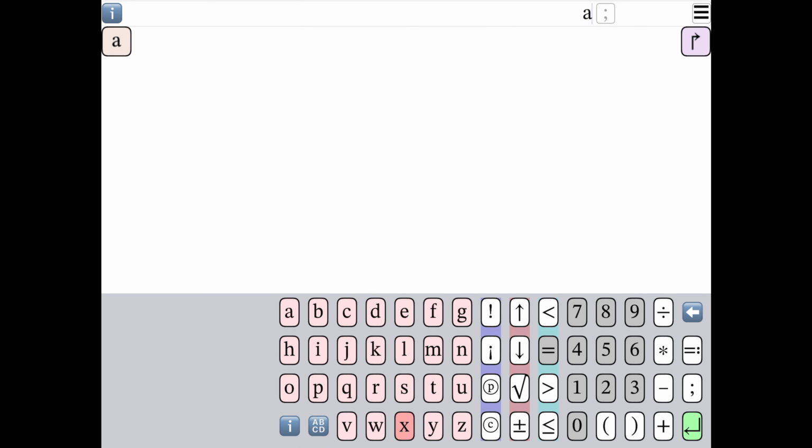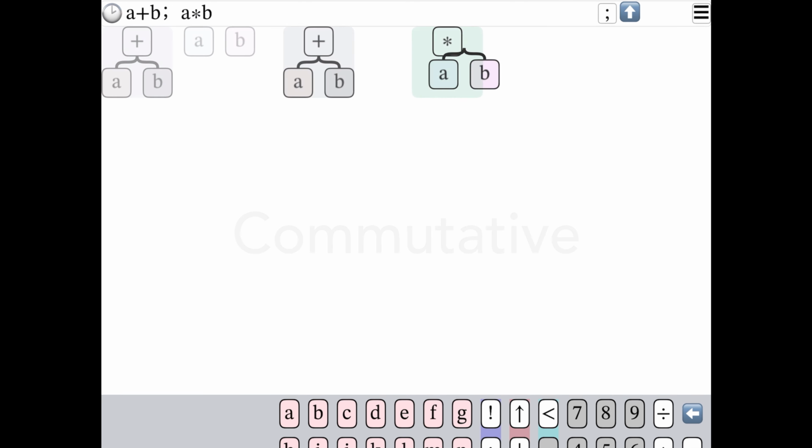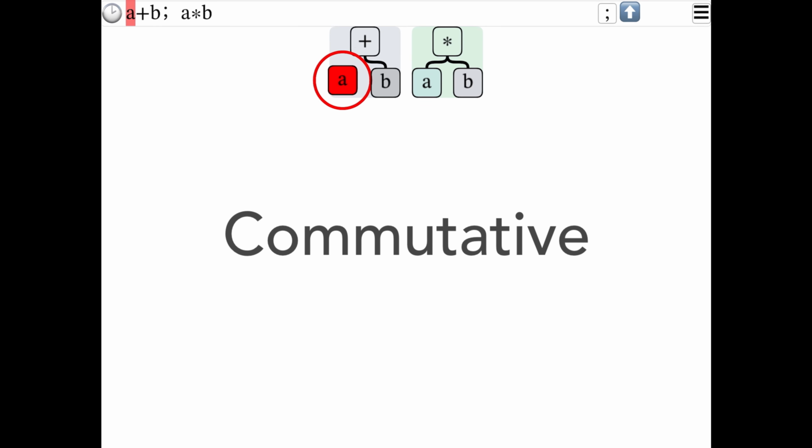So addition and multiplication are truly commutative.